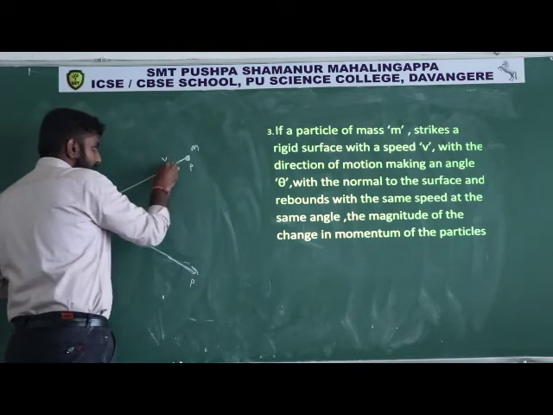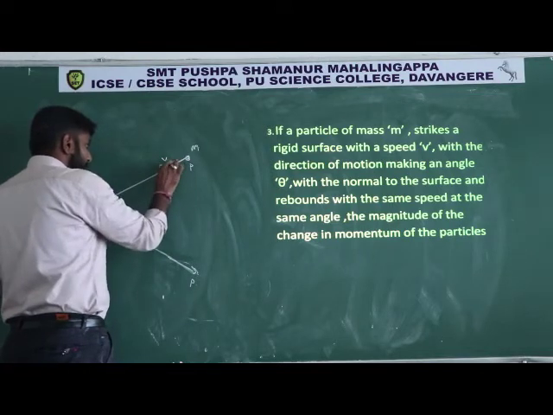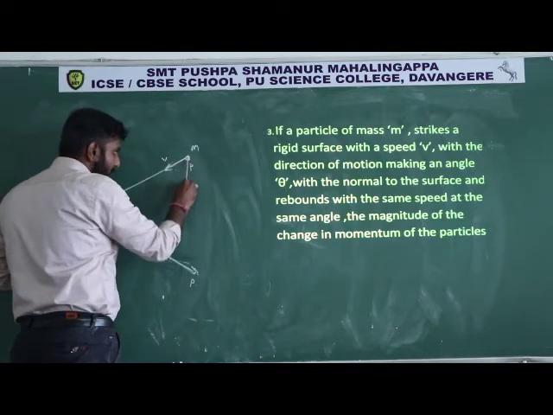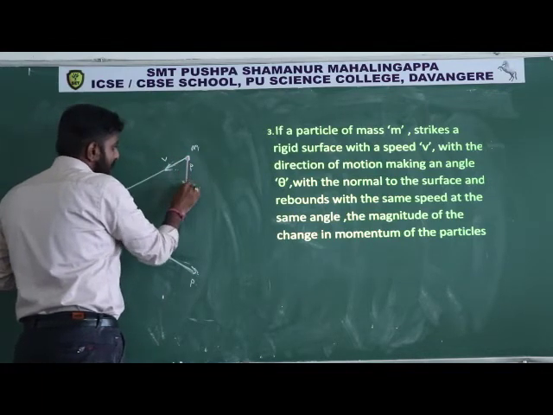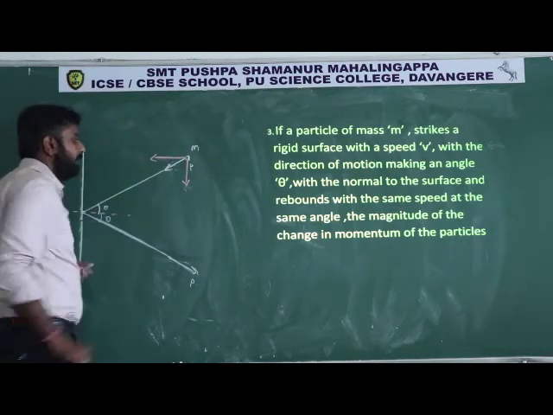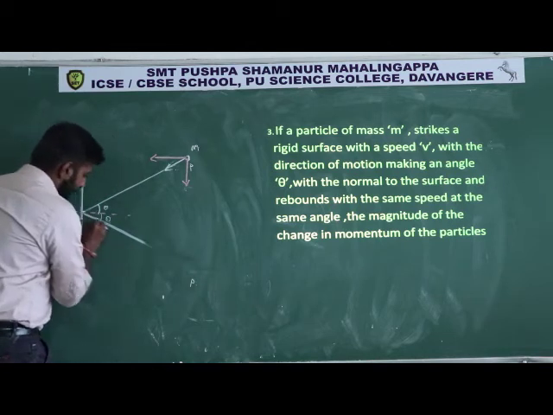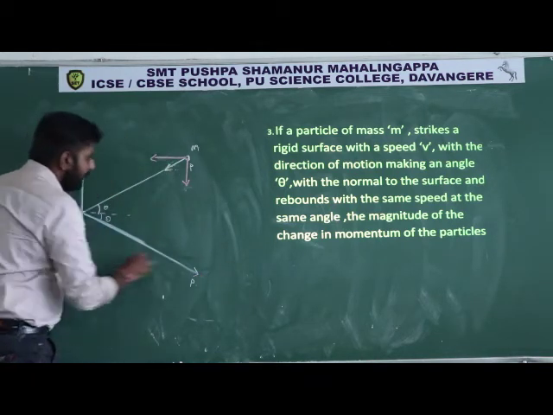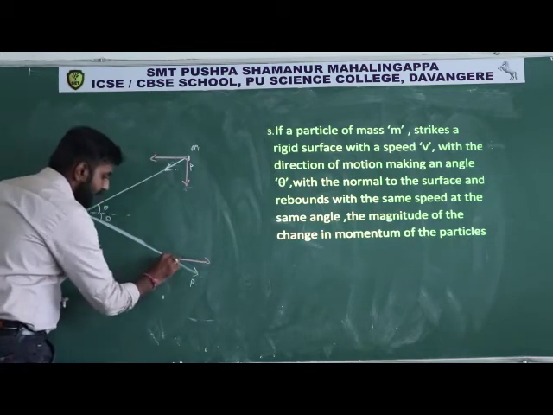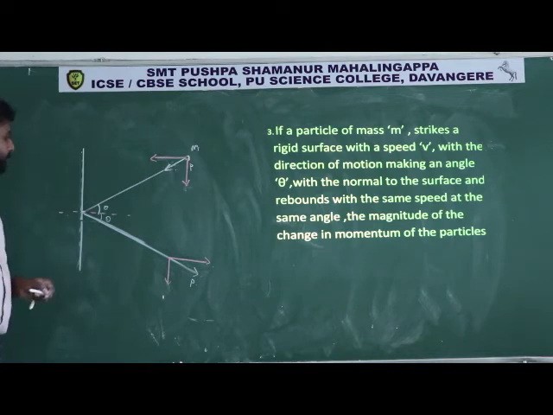Okay, this is the momentum vector, meaning this momentum vector has two components. This is one component and this is another component. Similarly here. This momentum vector has one component in this direction and another component in this direction.